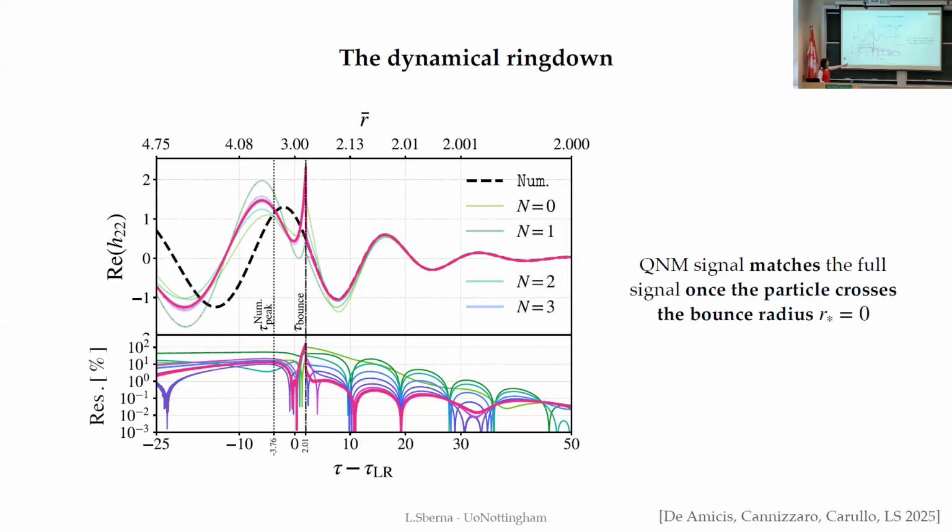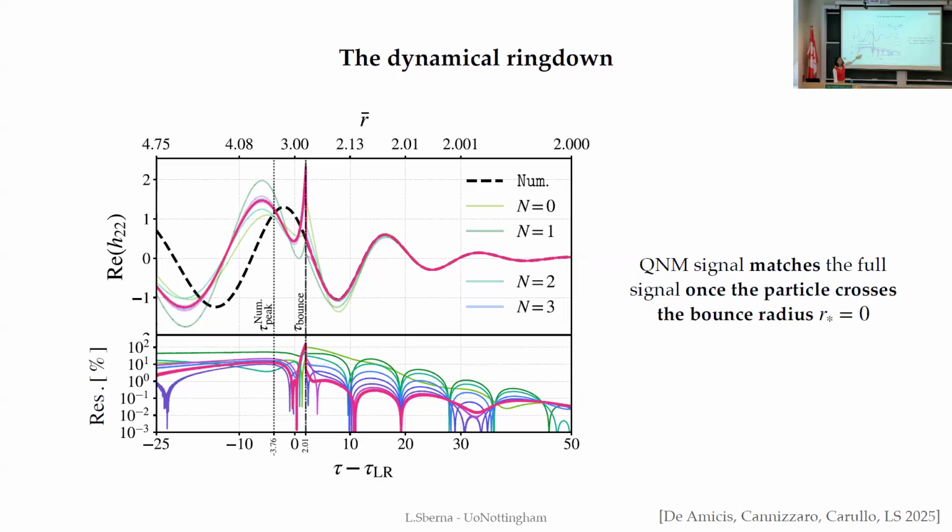So we see that from when the particle crosses the bounce radius, the QNM signal actually completely reproduces the full signal, right? Which is very nice. But instead, of course, at earlier times, the front piece, the direct emission of the inspiraling particle, is still very important.